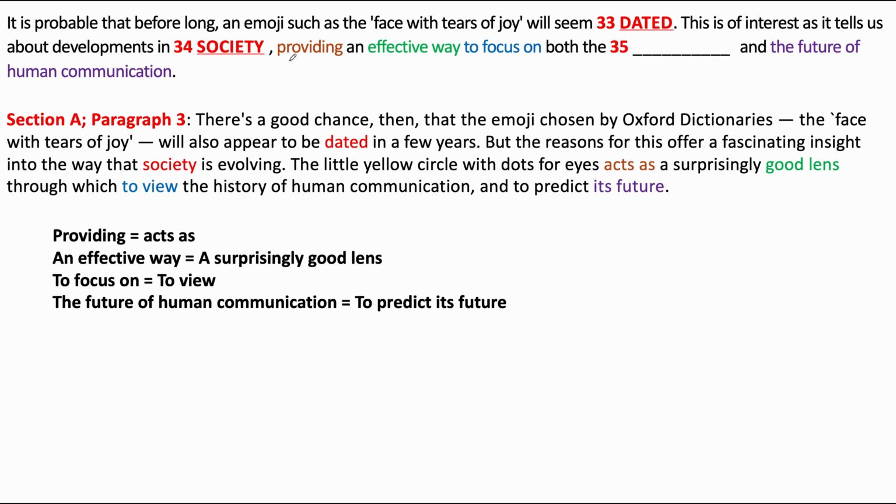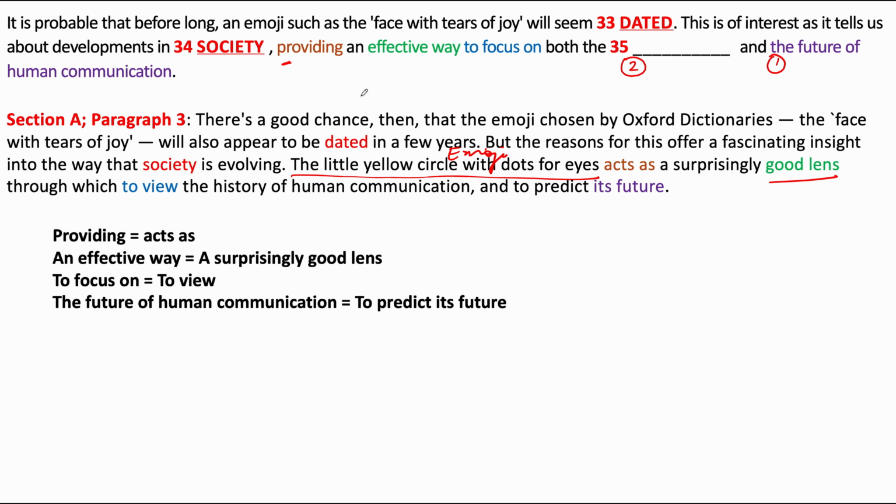The 35th question says this provides an effective way to focus on two things. One is the future of human communication. We have to find the second thing on which we can focus. So, this helps us understand two things. One is the future of communication. What is the second thing? The passage says, the little yellow circle with dots for eyes. This is the emoji. It acts as a surprisingly good lens.